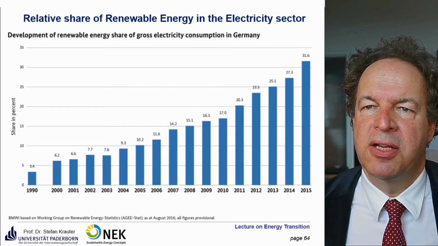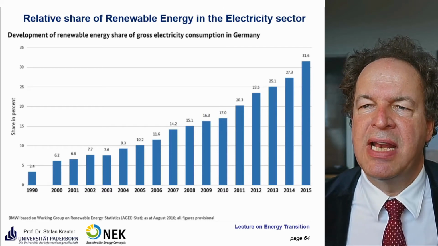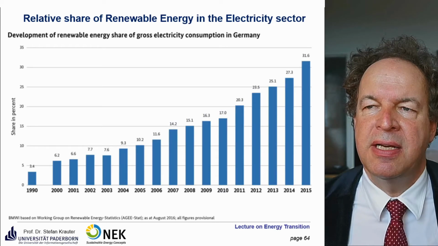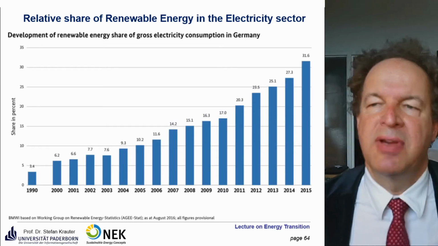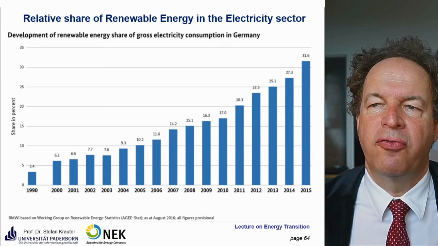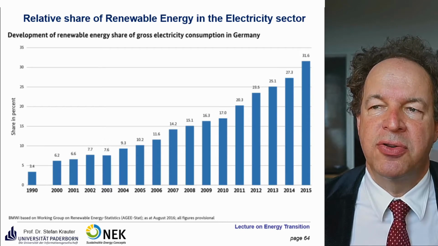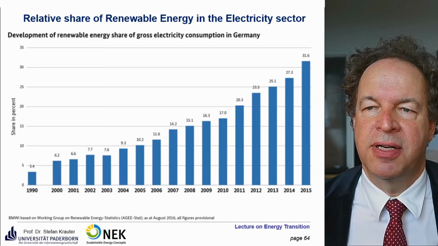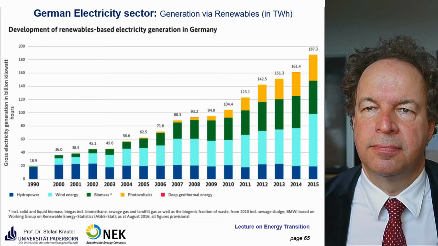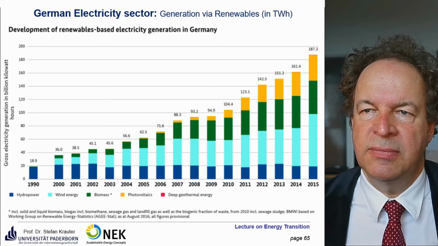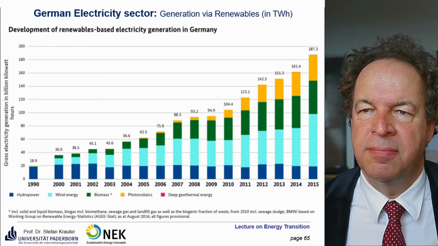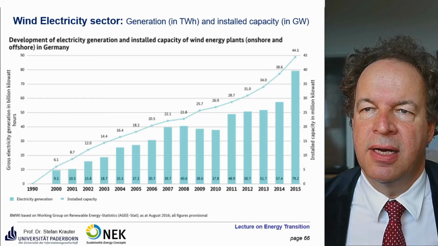As the renewable energy share is increasing, the latest number from 2020 is that we have 55% renewable electricity in Germany this year. Here is the number of terawatt hours generated.